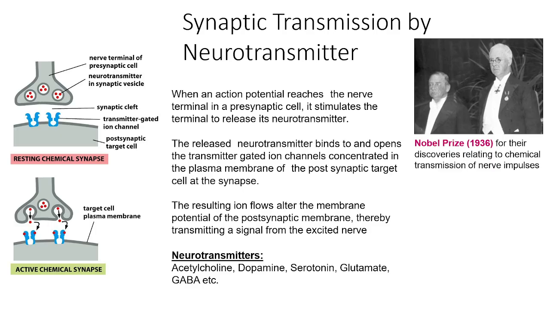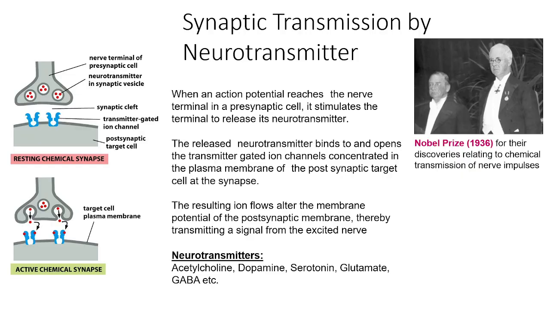Now, synaptic transmission and neurotransmitters. At the end of the axon, electrical signals are converted into chemical signals at the synapses. When an action potential reaches the presynaptic terminal, it triggers neurotransmitter release into the synaptic cleft.